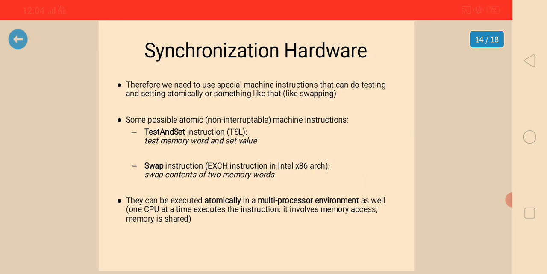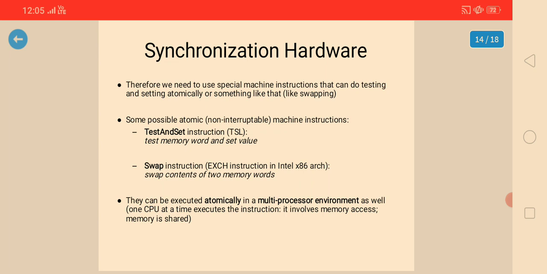So synchronization hardware: therefore we need to use special machine instructions that test and set atomically, or swap. So here we are going to use test and set as well as swap.